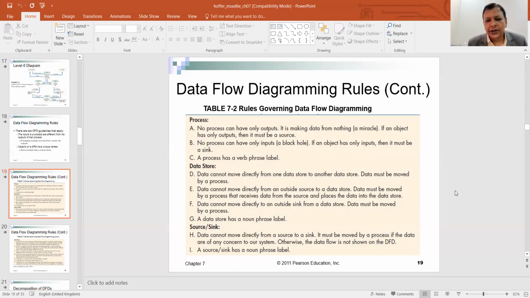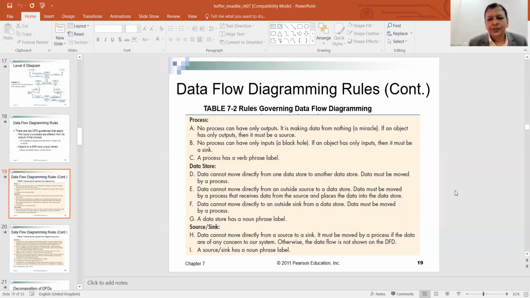And a process has a verb phrase label because it is an action, function, or method. Similarly, there is a possibility of one input into a process and more than one output. And there is also a possibility of more than one input and one output.